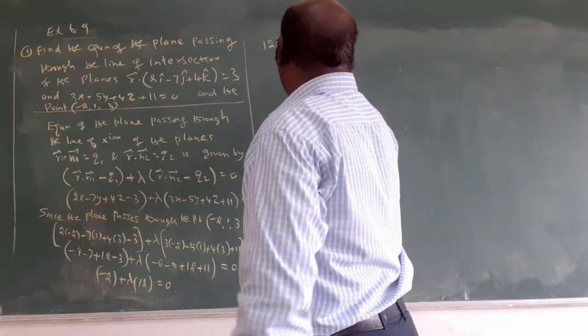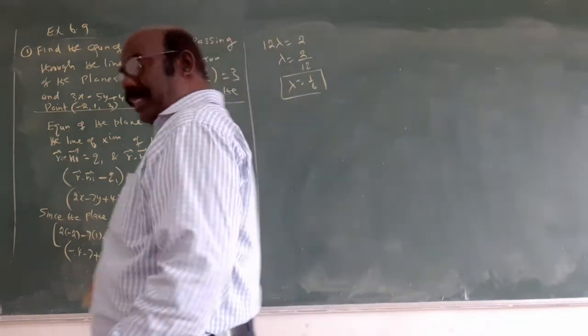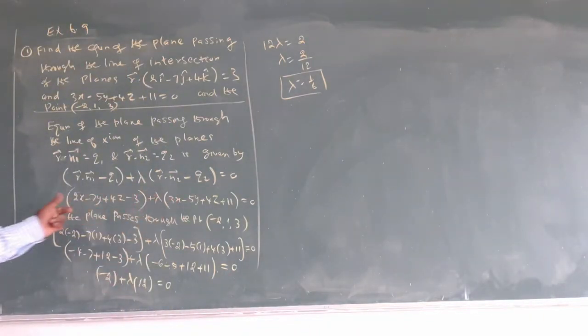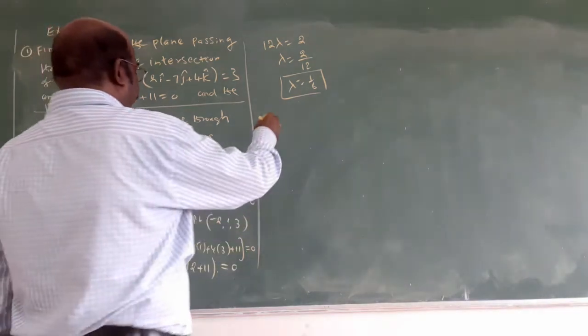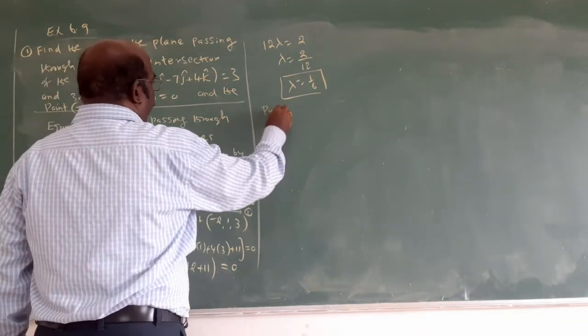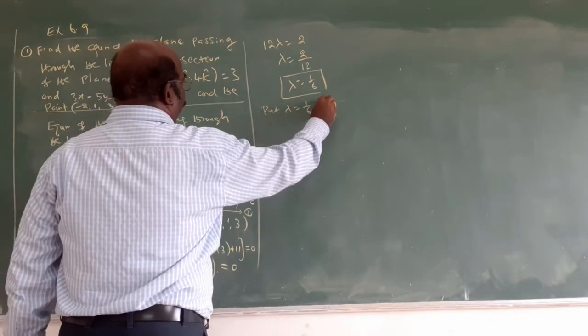This is lambda. Once again, substitute the lambda value here. After simplification, you get the equation. Put lambda equal to 1 by 6 in the first equation.